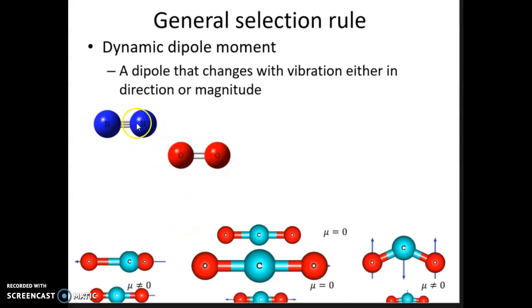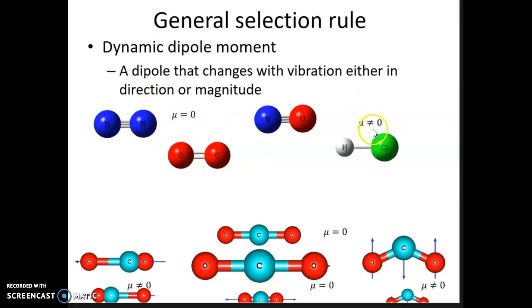For diatomic molecules that have just 2 atoms, consider a homonuclear diatomic molecule. For all homonuclear diatomic molecules, the dipole moment is 0. So the only motion that they can have is to stretch. If we stretch it, the dipole moment still remains 0.